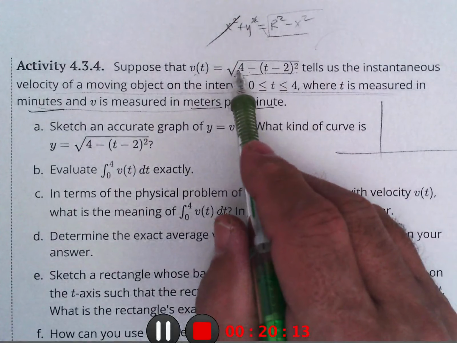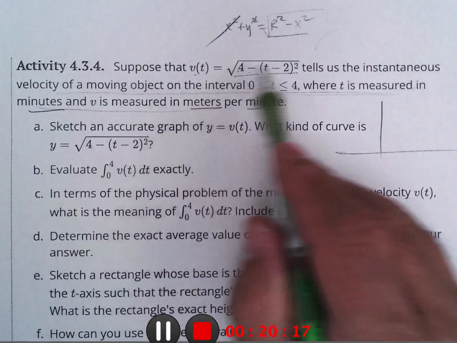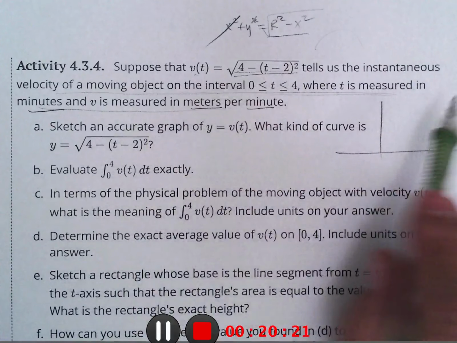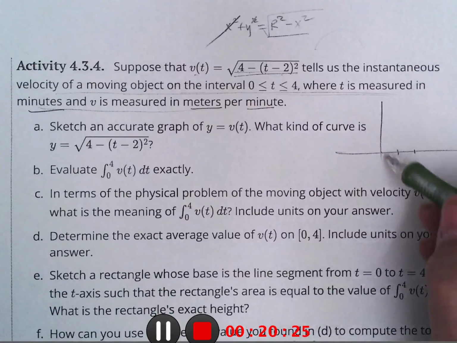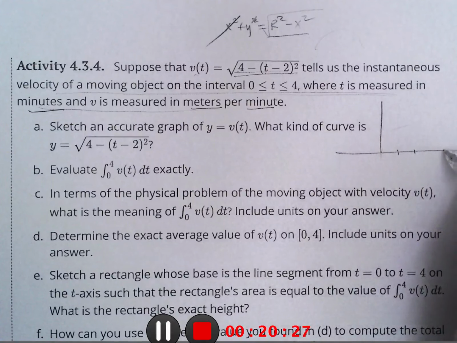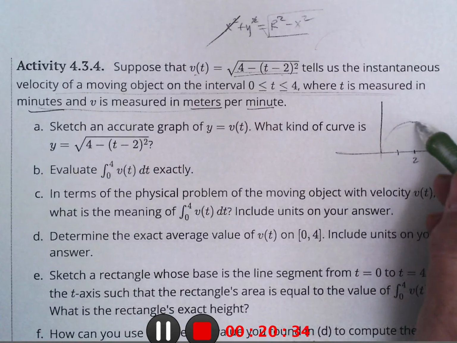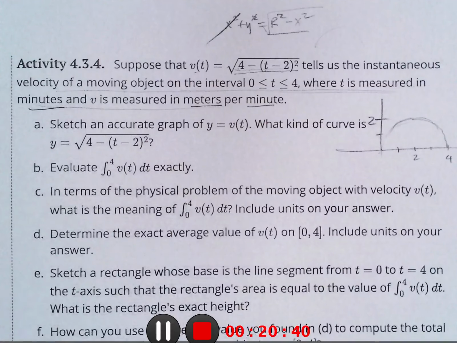So the radius is 2, and this graph is shifted 2 to the right. So 1, 2, and the radius is 2, 3, 4, and so it would go up to 2 and then back down to 4.